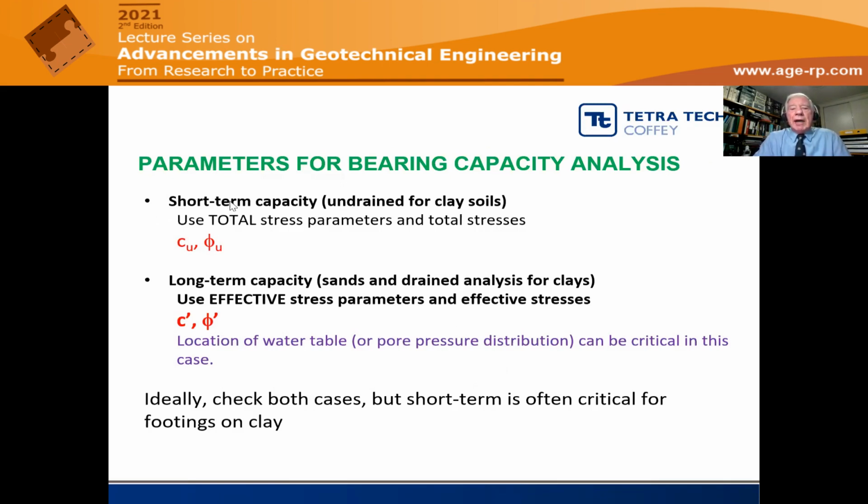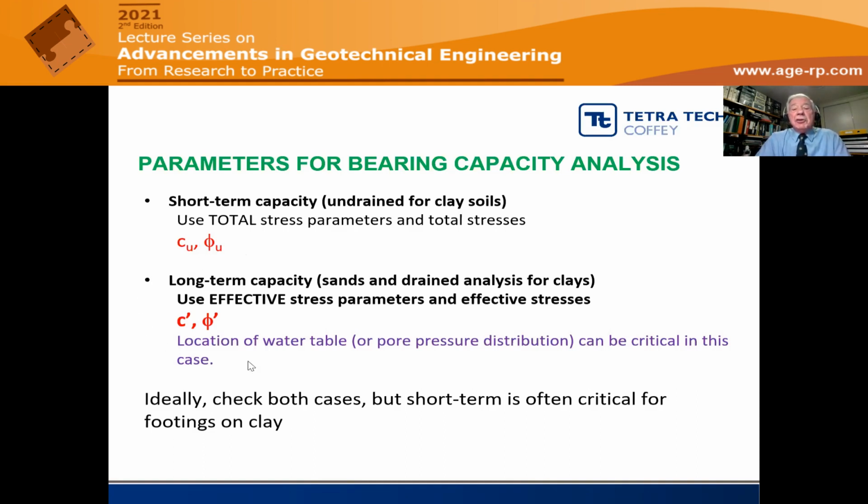The short-term parameters, which is relevant for rapid or undrained loading on clay soils. Here we use total stresses, and we have total stress parameters, Cu, undrained shear strength, and Φu, undrained friction angle. And for saturated clays, that undrained friction angle tends to be 0.